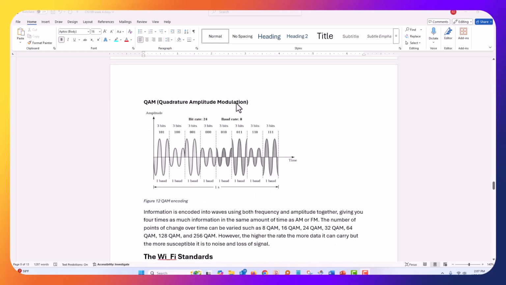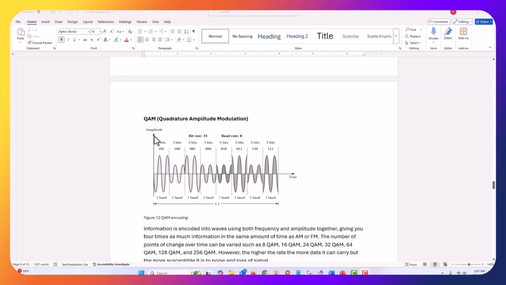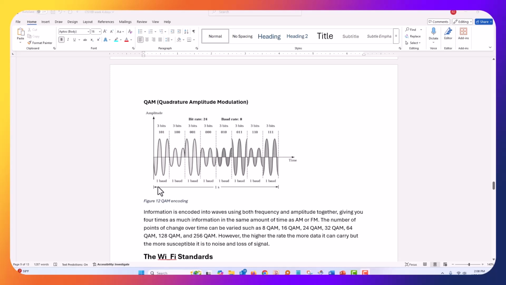QAM is actually a way of modulating using all of those, frequency, amplitude, and phase modulation. And so by doing that, we can actually get 4 times the amount of data in the same number of swings of the phases or swings of the signal here. By the way, there are several versions of QAM.